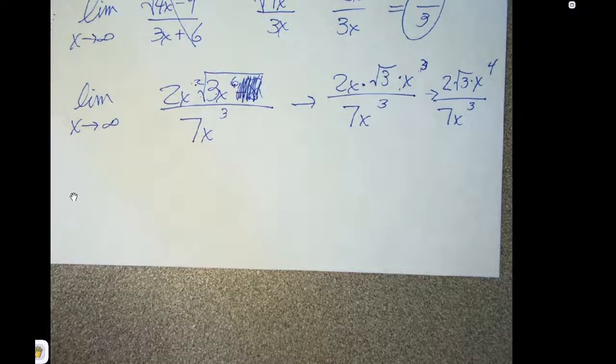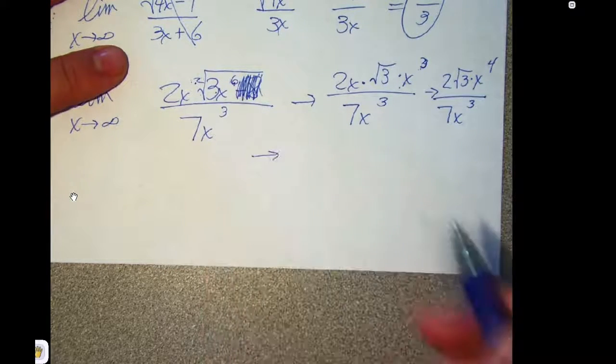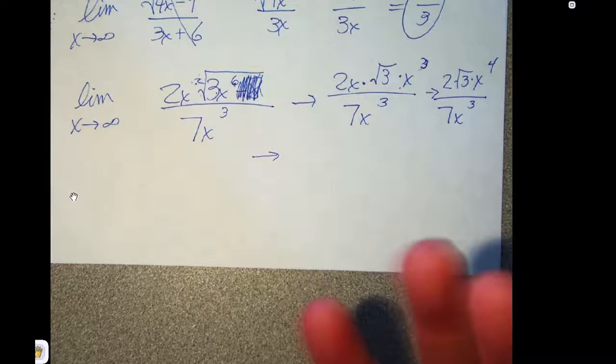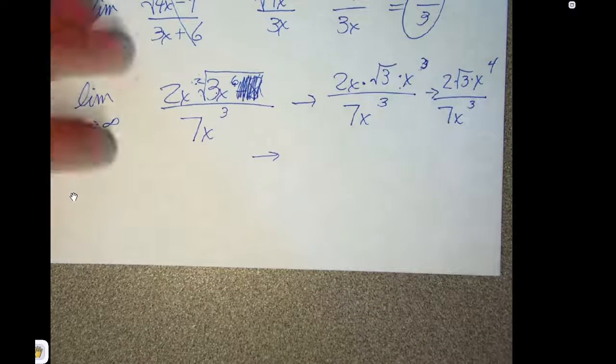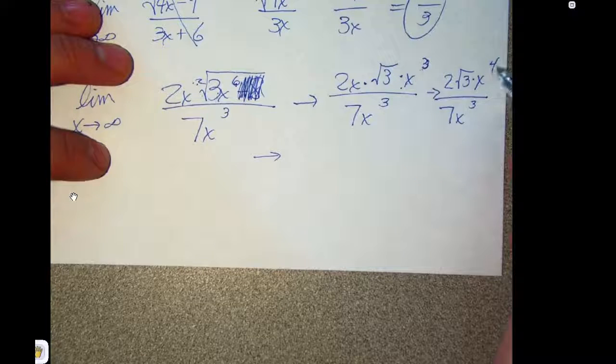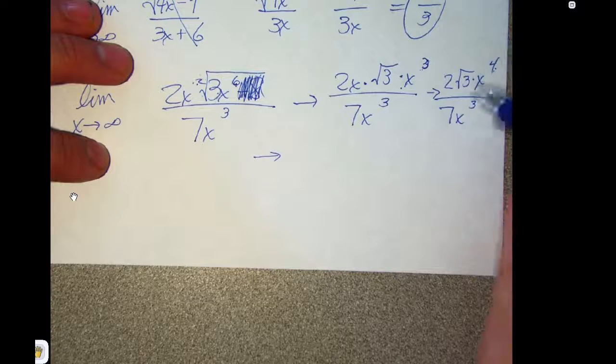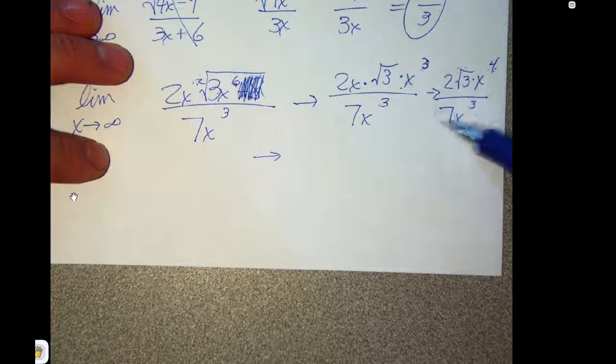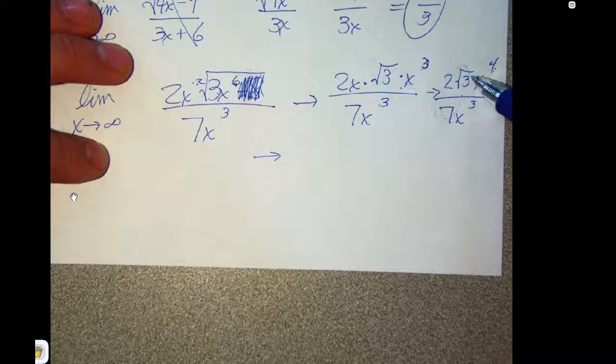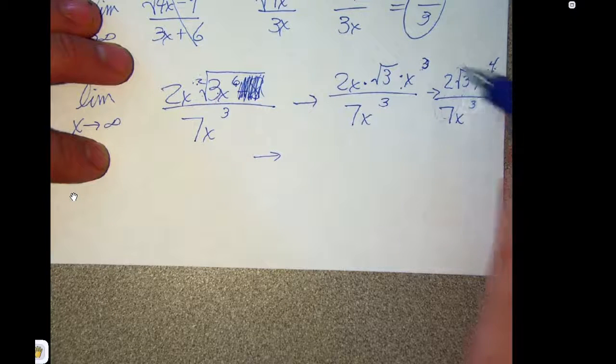You could work a couple of ways from here. You could say the highest power is on top, so I'm just going to say infinity. Or we could reduce it, which is better because then you get a better idea of positive or negative. If the highest power is on top, your answer is going to be positive or negative infinity. At that point, do I care about these coefficients? No, because all I worry about is whether it's positive or negative infinity.